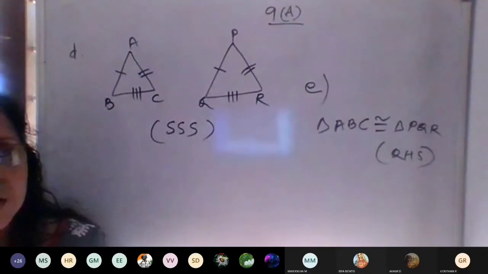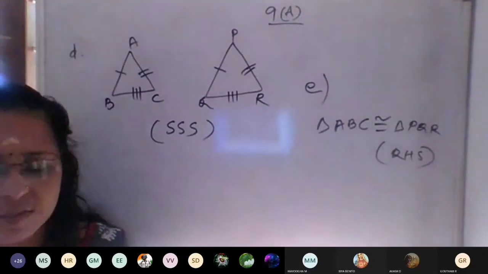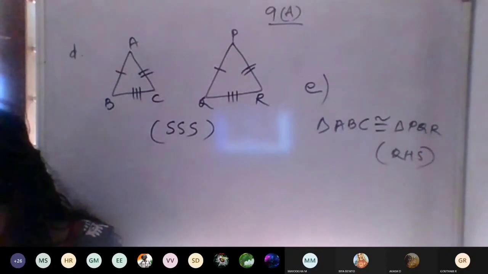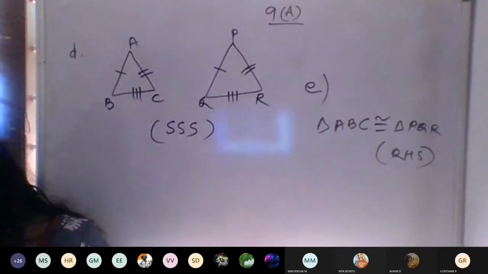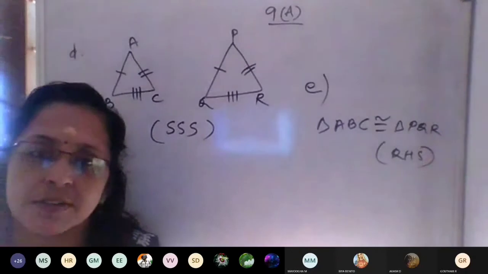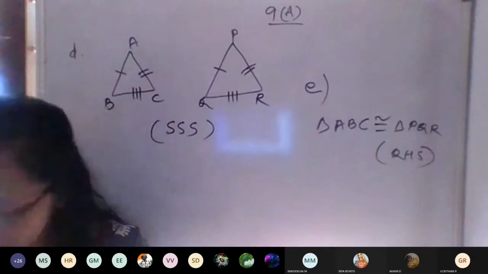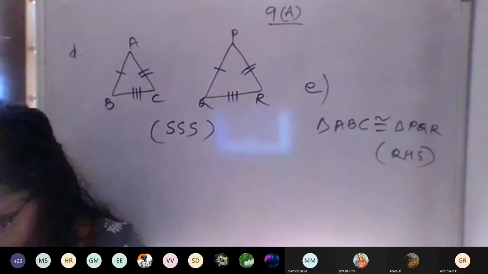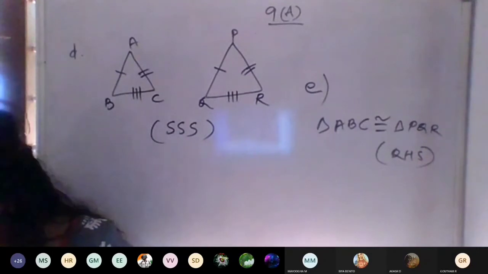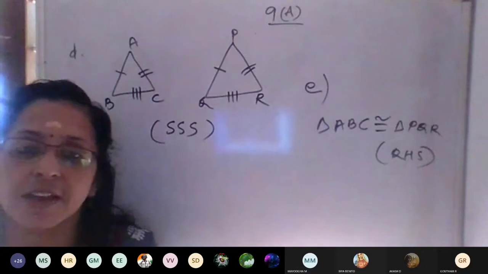Not last year, in 7th, we discussed the same question number 2. We have to find the measures of the sides. Here, we have to prove OP is perpendicular to AB. We discussed the same model questions in 7th standard.